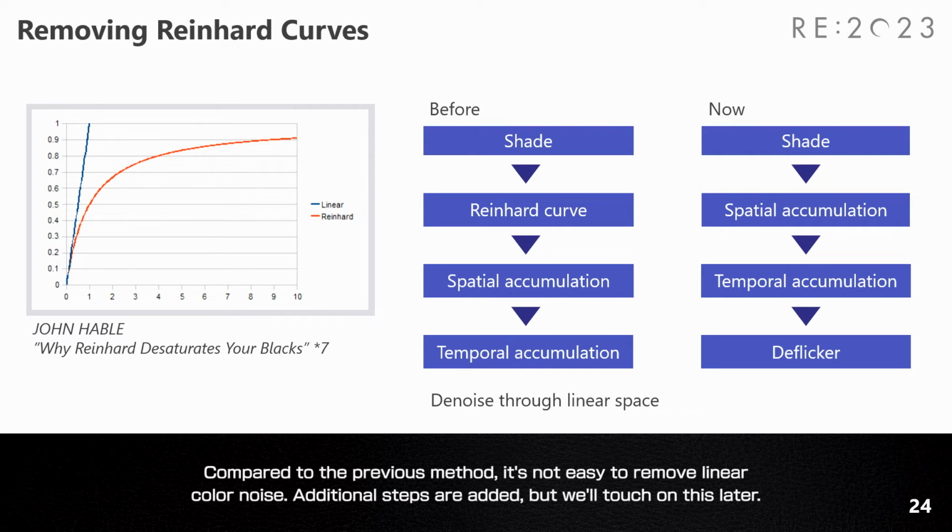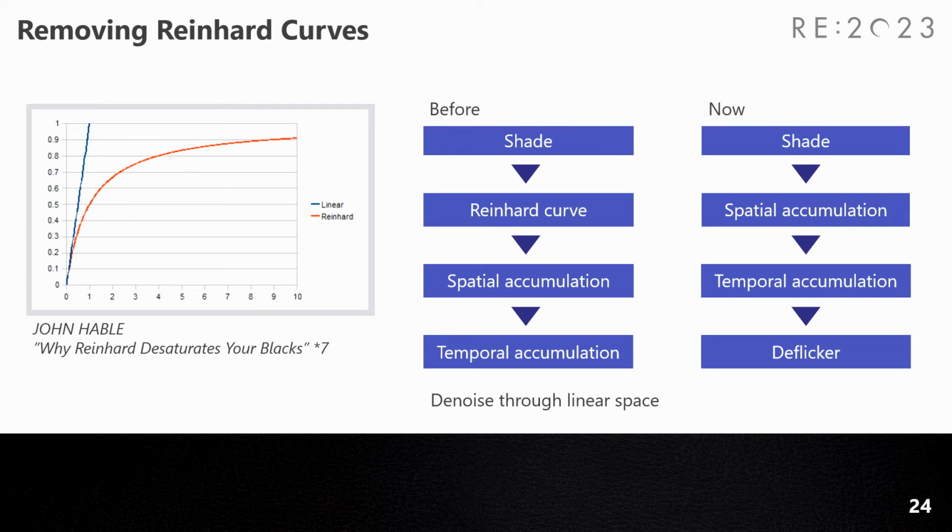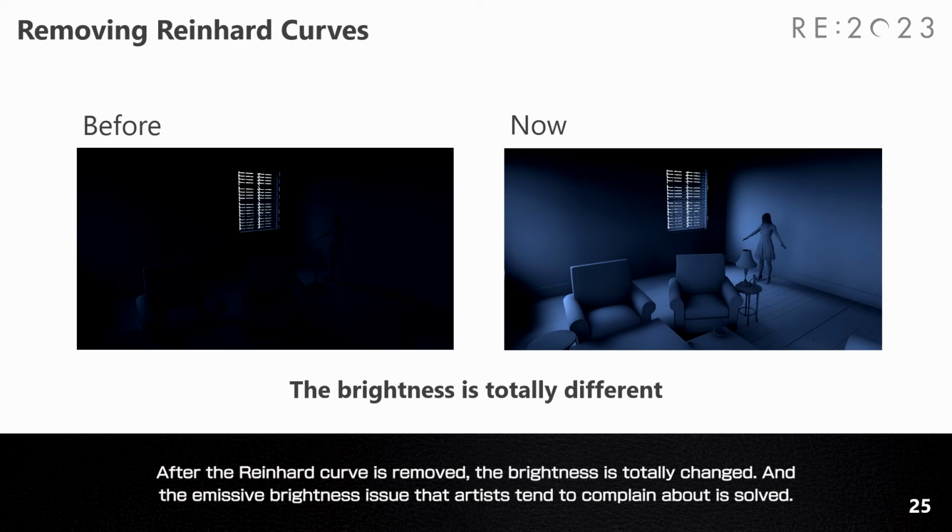Compared to the previous method, it's not easy to remove linear color noise. Additional steps are added, but we will touch on this later. After the Reinhard curve is removed, the brightness is totally changed, and the emissive brightness issue that artists tend to complain about is solved.